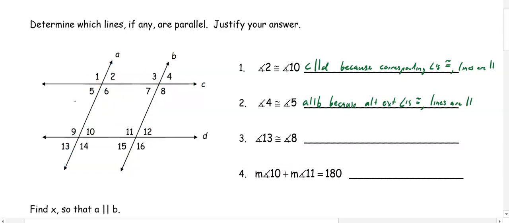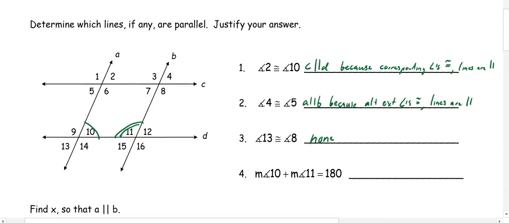In number 3, we have angle 13 is congruent to angle 8. Well, those don't have a transversal, so in this case we have none. And in number 4, we have that angle 11 plus angle 10 is equal to 180, which means they are supplementary and they are same side.